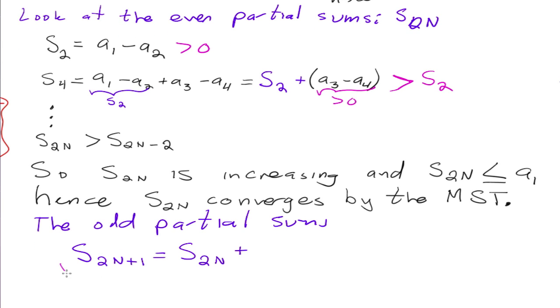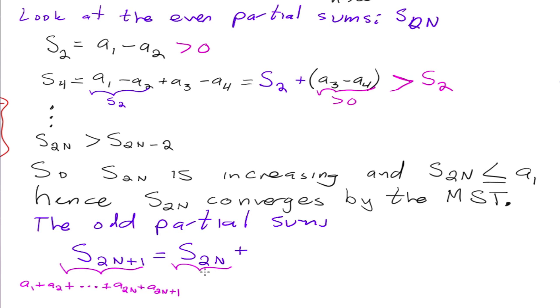So notice that this looks like a1 plus a2 plus dot dot dot plus a sub 2n plus a sub 2n plus 1, right? That's what the left side is. What's the right side? Or just the s sub 2n right there.